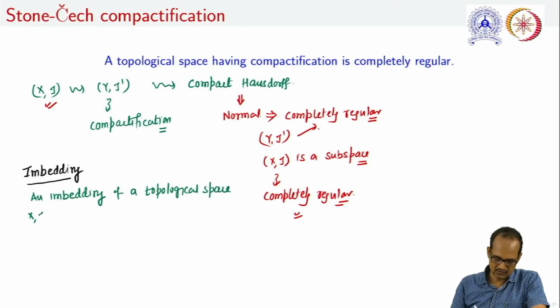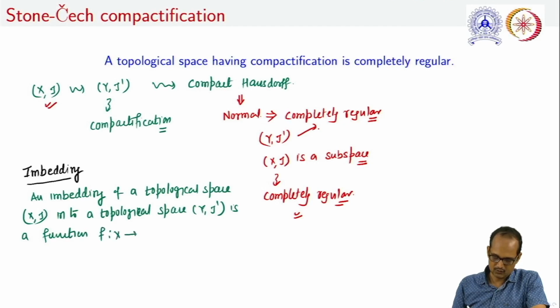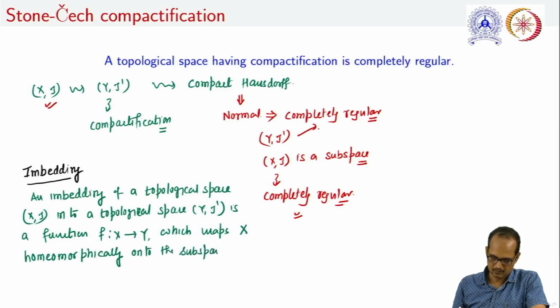let us take it as (X, tau), into a topological space, let us take that space as (Y, tau dash), is precisely a function f from X to Y which sends X homeomorphically onto the subspace f(X) with relative topology on it, and this is a subspace of (Y, tau dash).